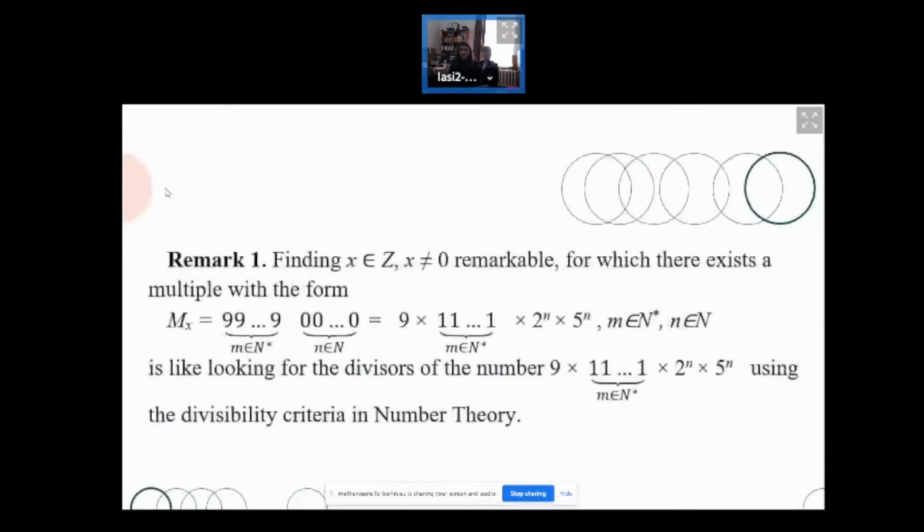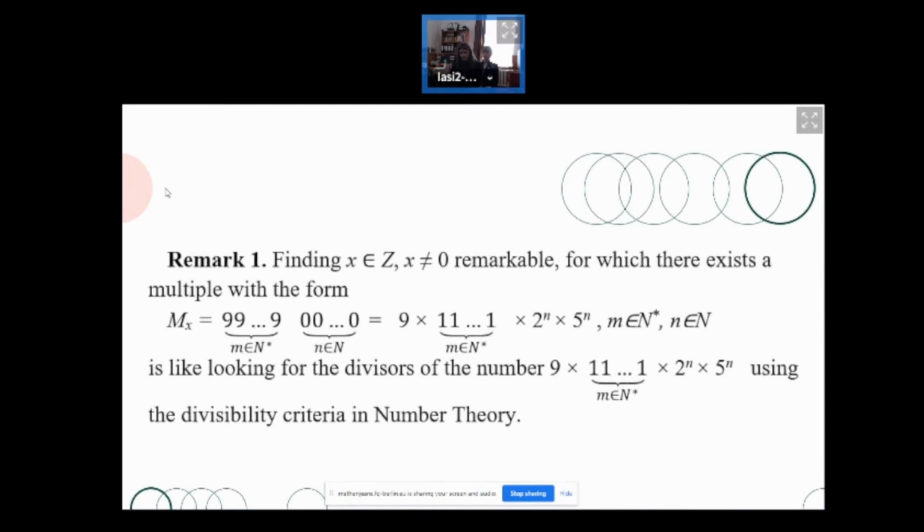Remark 1: finding x, an integer different from 0, that is remarkable, for which there exists a multiple of the form Mx equals 999 taken m times followed by 000 taken n times, equals 9 multiplied by 111 taken m times, multiplied by 2 to the power of n, multiplied by 5 to the power of n, with m a positive integer and n a positive integer.